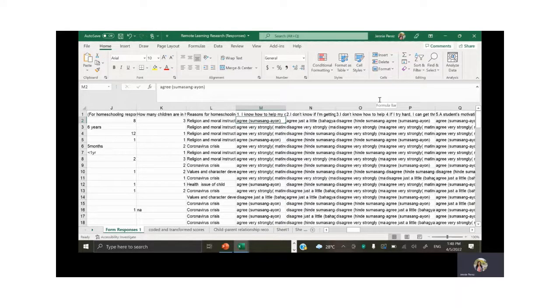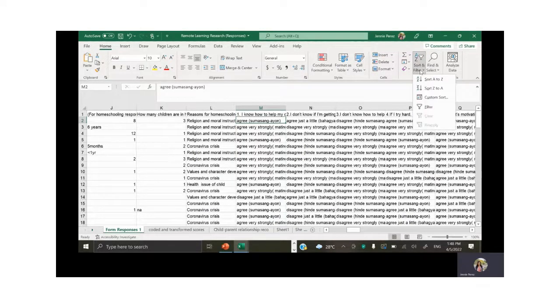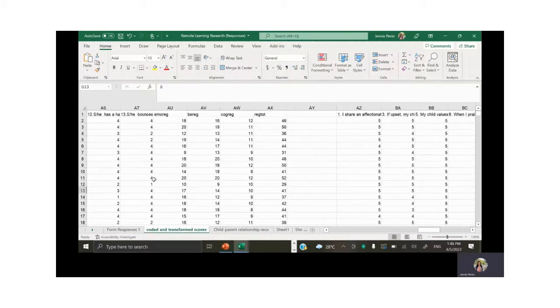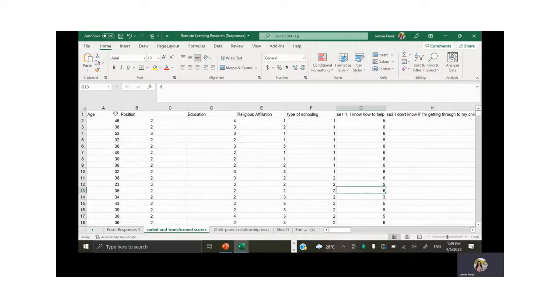And one way to recode this is to use the find and select function and then replace, or you could use the custom sort or a sort and filter function. And so this is now how it looks like, coded and transformed. Okay, so say for age, it's clean already.